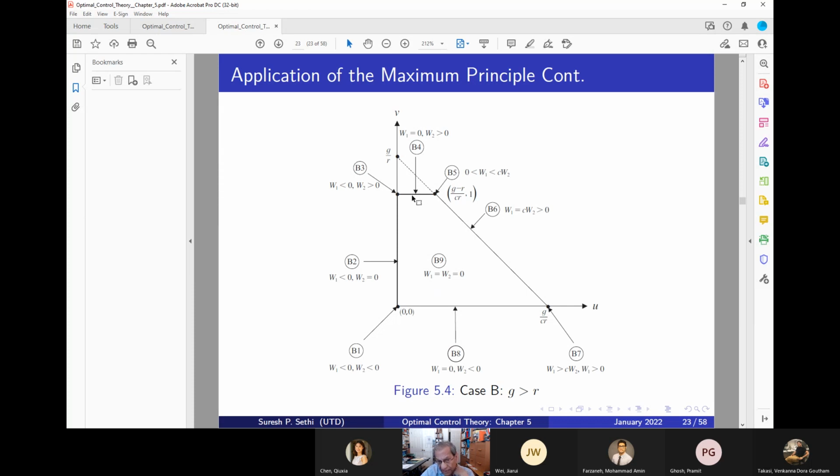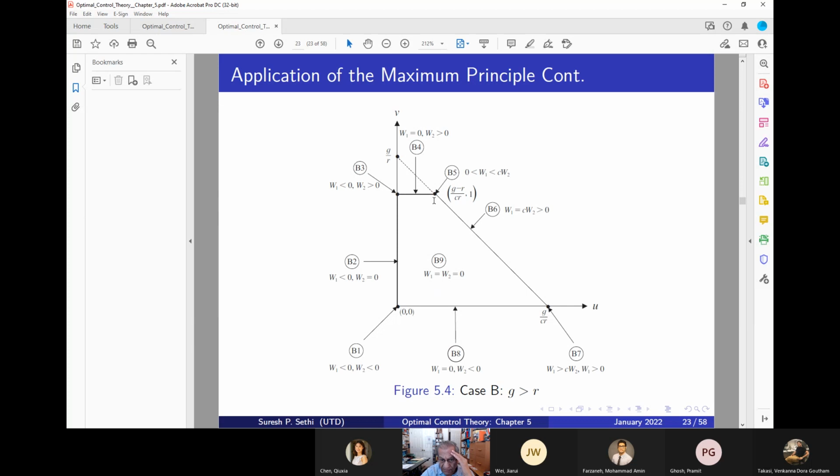And that I cannot do unless r equal to rho. So I cannot really spend any more time on this line except one instant. And then I eventually go to B5. And we will see that B5 will be maintained forever. So that's how this case will be solved, and we will go to that analysis.